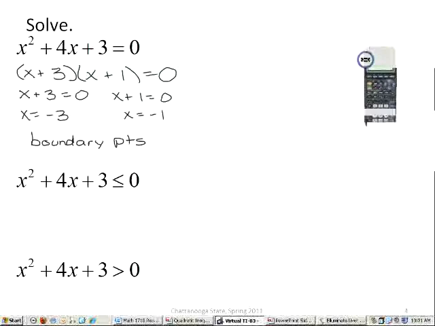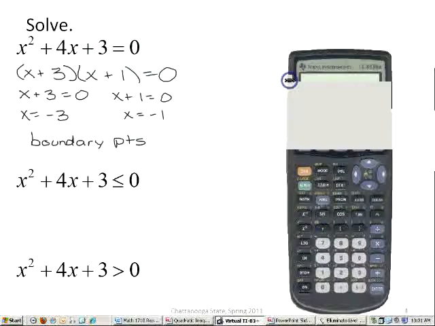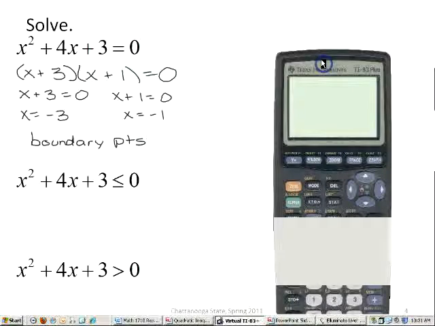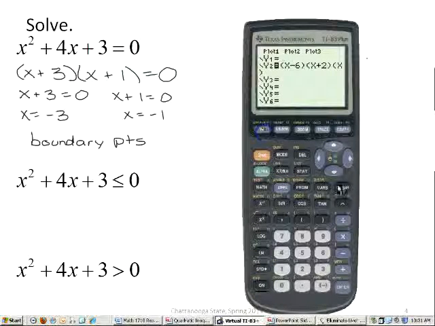Now, let's look at the graph of the function x squared plus 4x plus 3. I want to use a standard window to begin with.